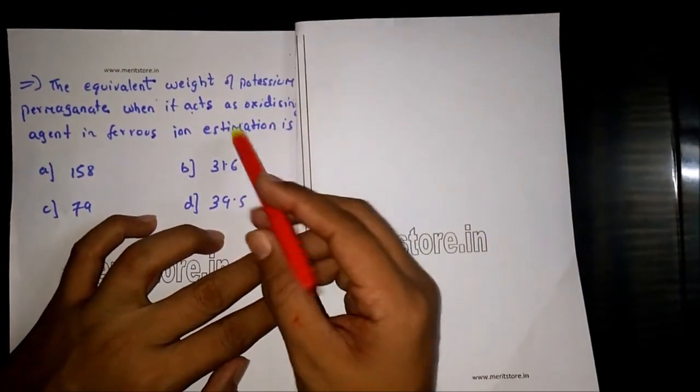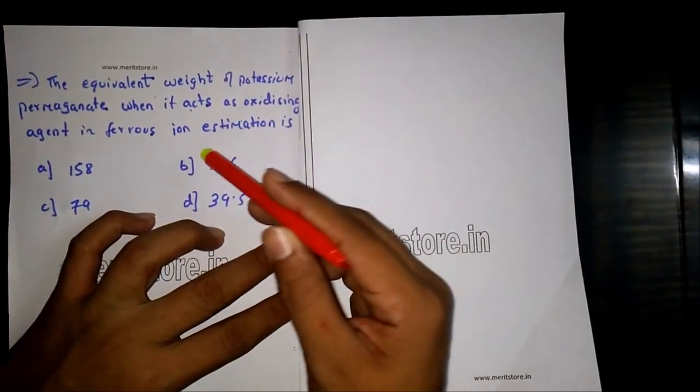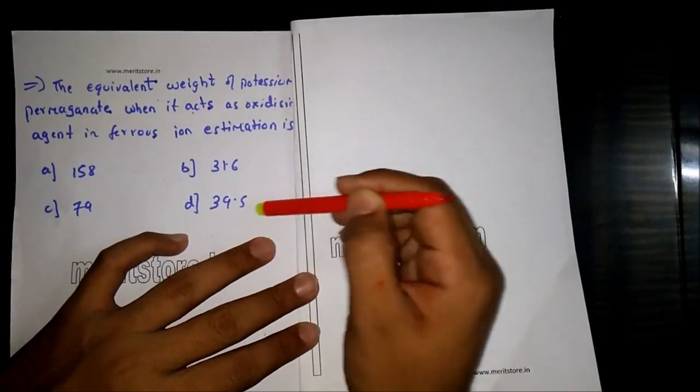The equivalent weight of potassium permanganate when it acts as an oxidizing agent in ferrous ion estimation is, here are the different options.